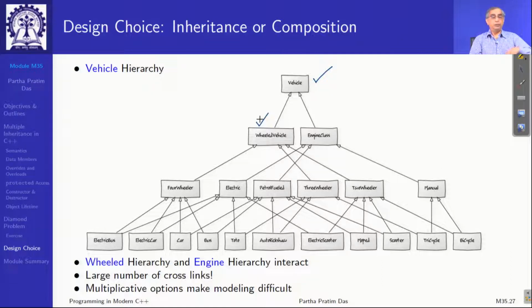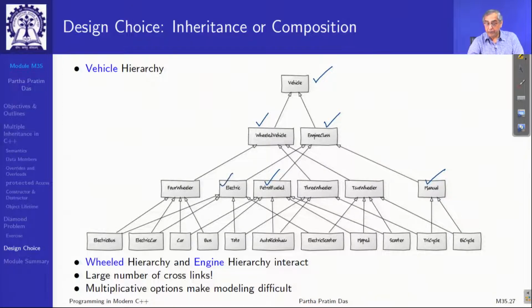We have always talked about 4-wheeler, 3-wheeler, 2-wheeler, and based on that a lot of things differ, price, comfort, licensing and so on and so forth. But what has become very dominant for last couple of decades is how it is fueled. What is the engine type? Is it petrol vehicle, fossil fuel vehicle? Is it manually driven vehicle like a bicycle, or is it an electric vehicle?